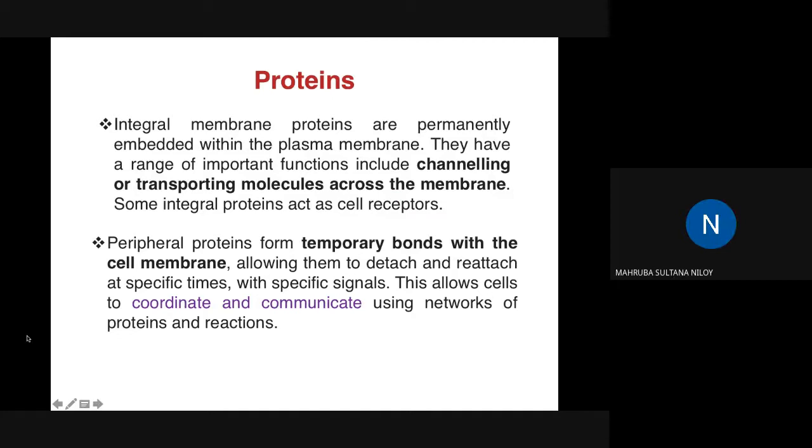Okay, so we have seen two types of protein, right? Integral protein and peripheral protein, isn't it? So can anyone describe integral proteins?